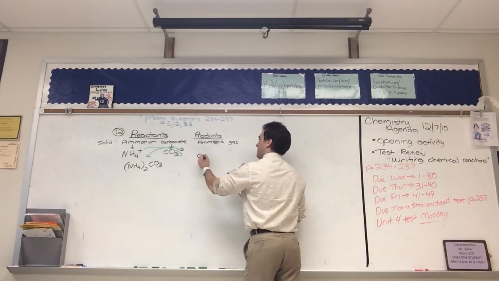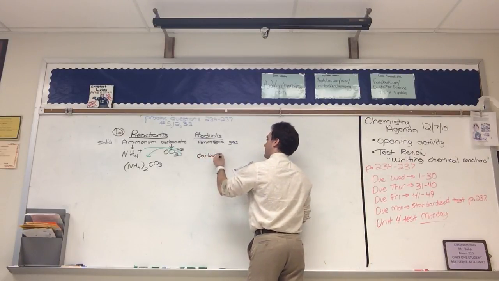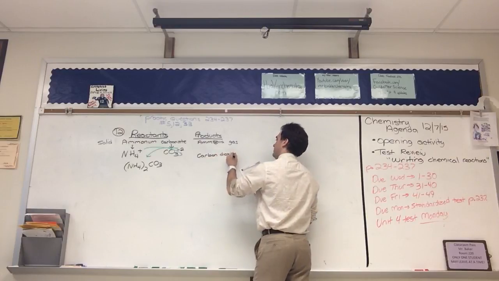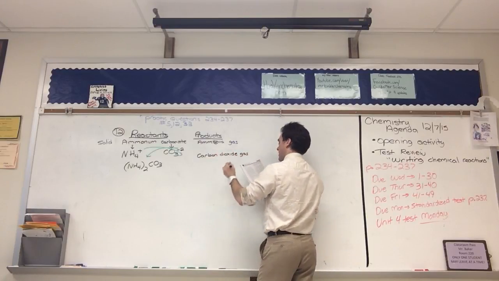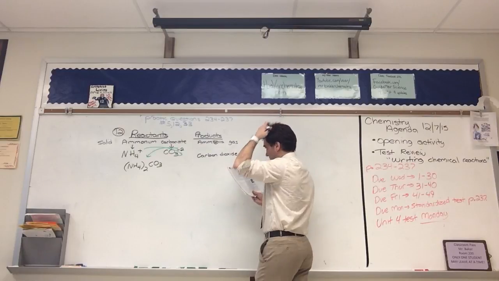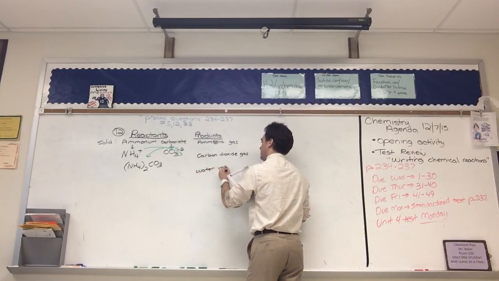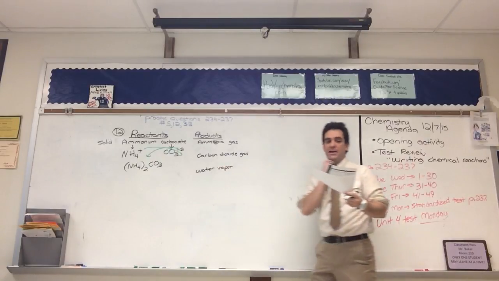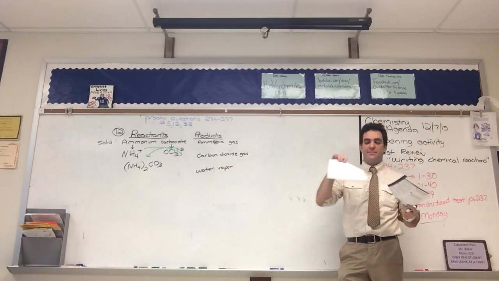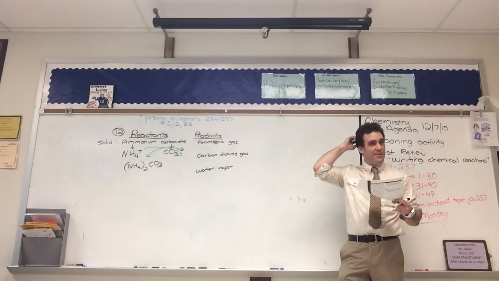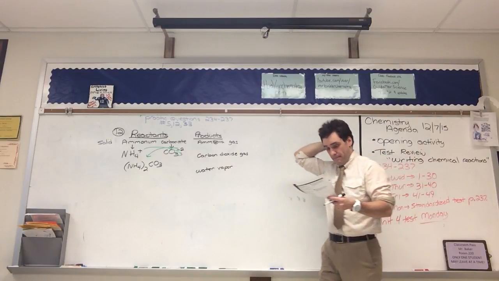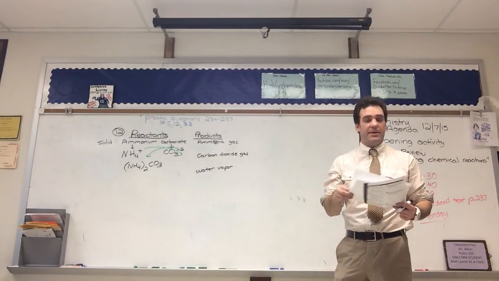Carbon dioxide gas. What else? And water vapor. Keep in mind you can't fill all this in the box. In the box, I just want the final answer. So use scrap paper, or use the extra paper I give you.